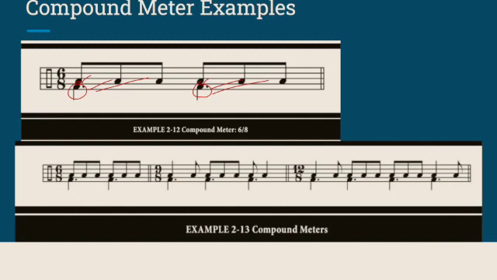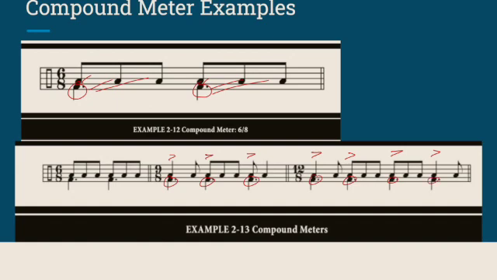The same goes for 9/8 and 12/8, with you having this dotted quarter note beat, and effectively in these meter signatures, you'll have beats 1, 4, and 7 accented here, and then 1, 4, 7, and 10 accented in 12/8, essentially accenting these dotted quarter note beats.